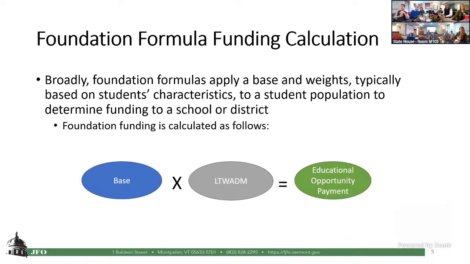That calculation would be the base times the long-term weighted average daily membership of the district. That's how you calculate the educational opportunity payment, or EOP. There are also support grants for small and sparse schools that would be added on top of this if a school qualifies.